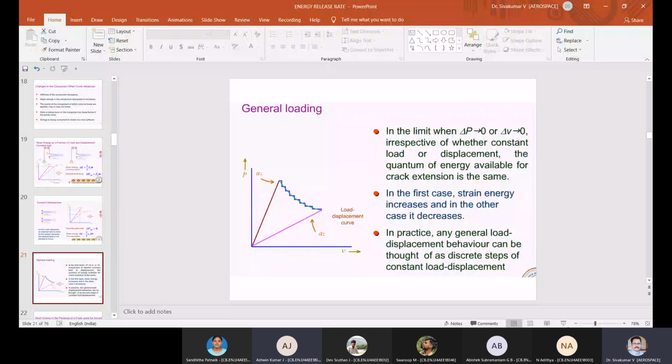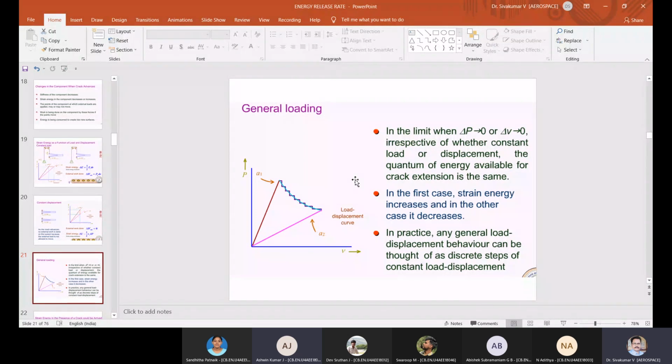The energy of the structure will decrease, no, sir. Stiffness only will decrease. Energy increases and decreases; both will happen simultaneously, because the crack is advancing, closing, advancing, closing, advancing, closing.